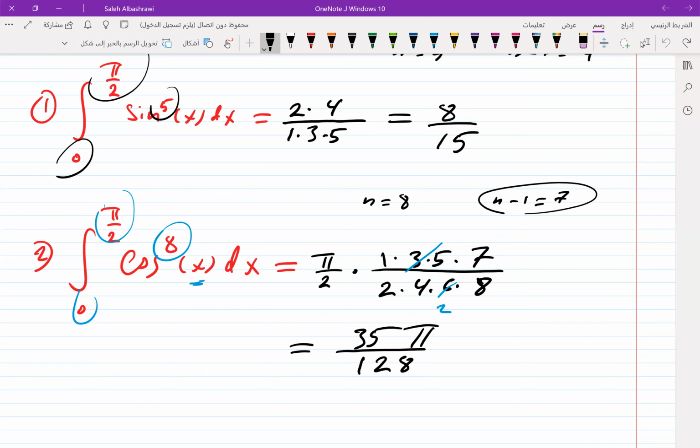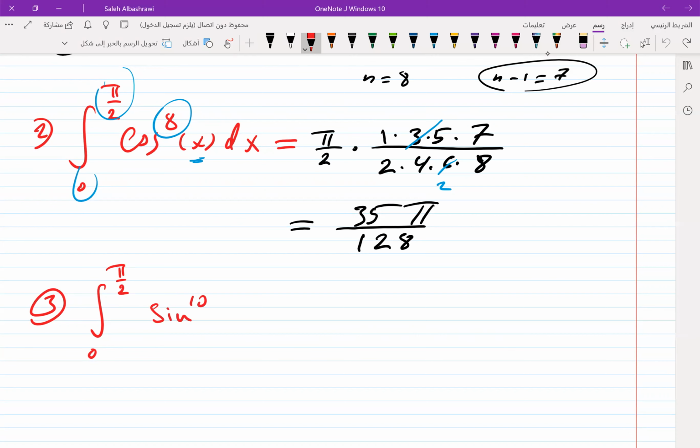Number 3, let's find the integration from 0 to pi over 2 of sine to power 10 x multiplied by cotangent to power 10 x dx.